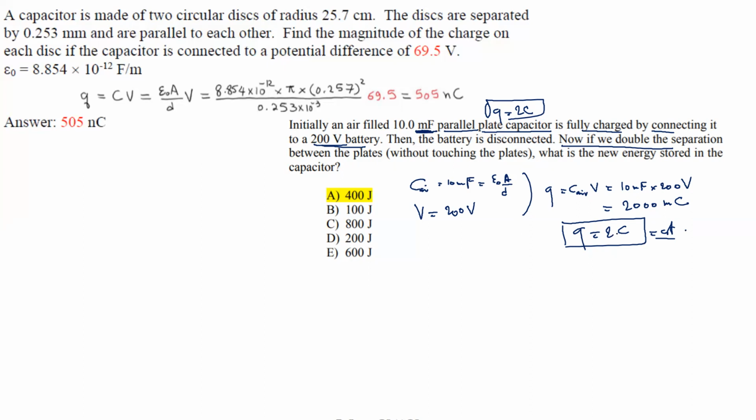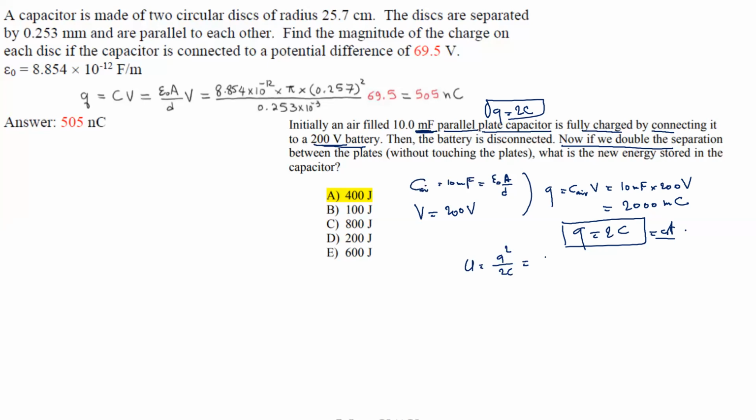Well, when I just have this and the distance was D, what was the energy stored? So U is just Q squared divided by 2C. So I can calculate what was the energy stored before I double the separation.